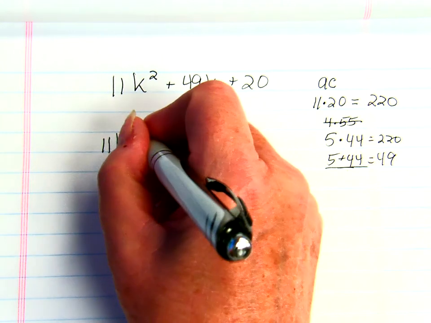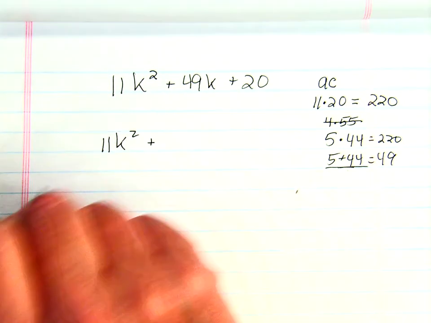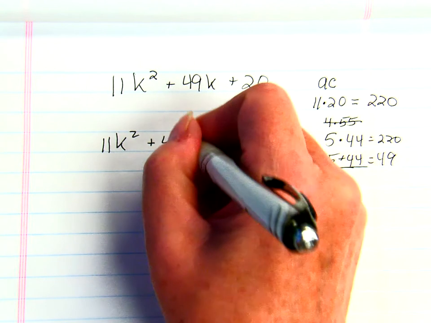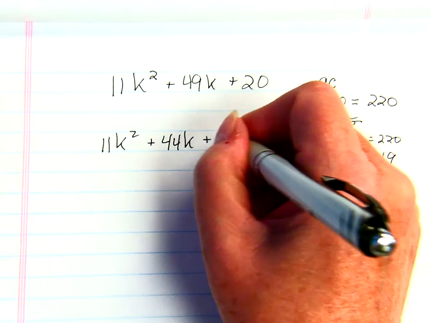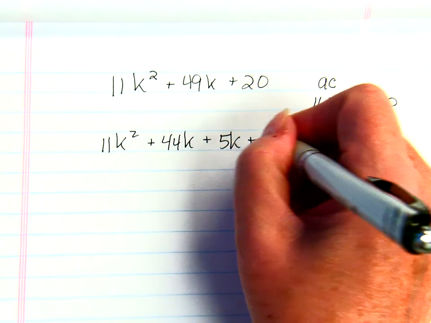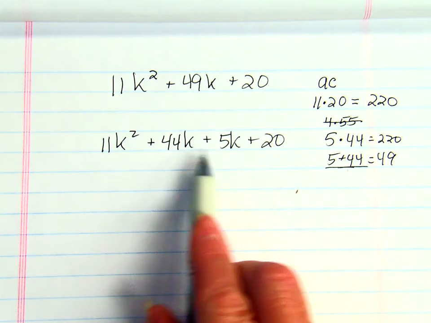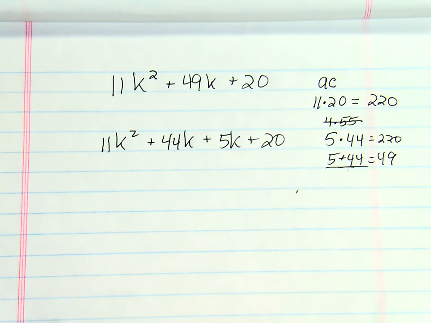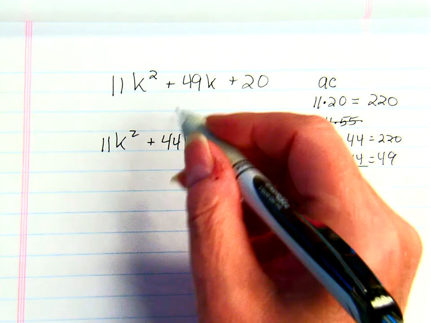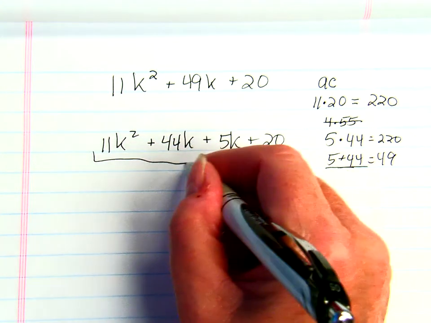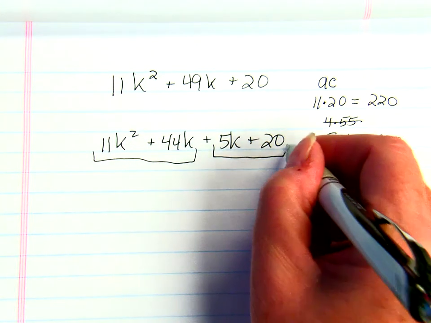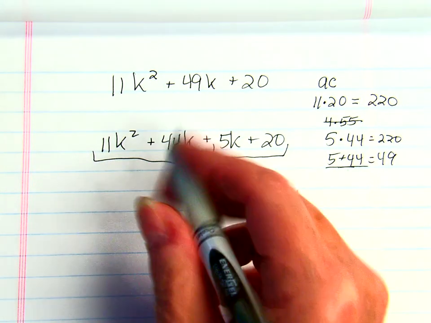So that'll now read 11K squared plus 44K plus 5K plus 20. We can see 44 plus 5 is equal to the 49. When I group, I'm grouping like this.